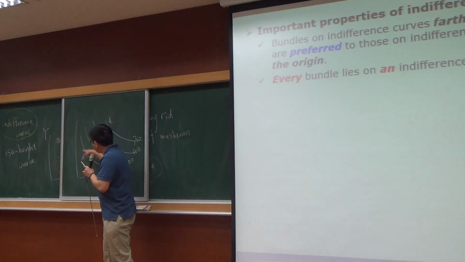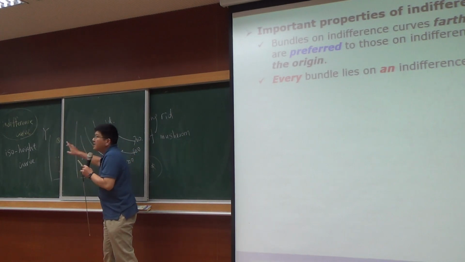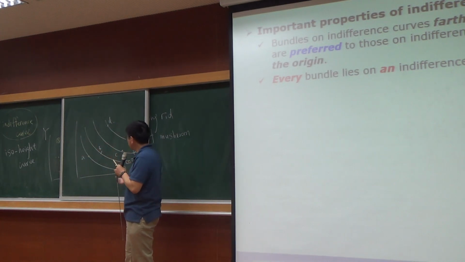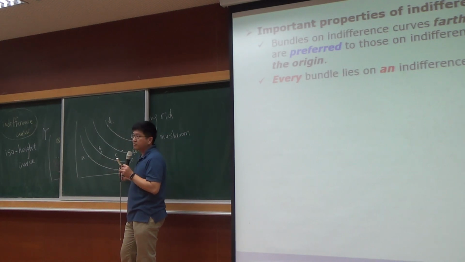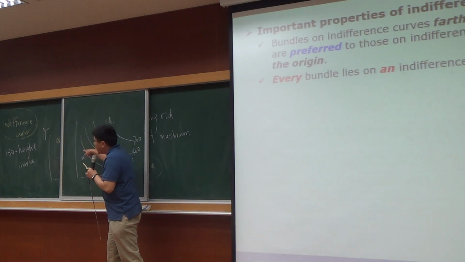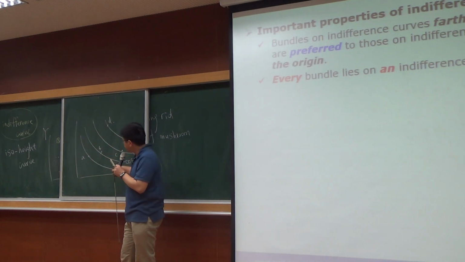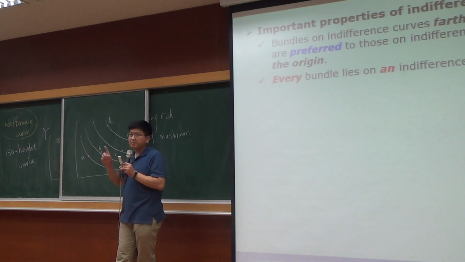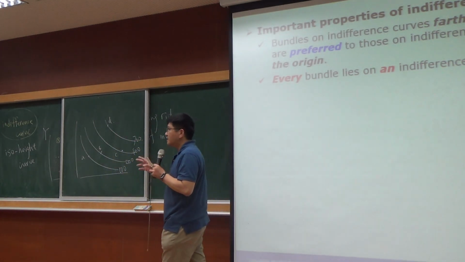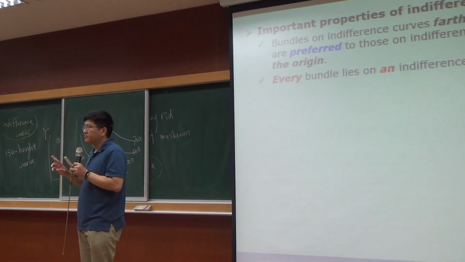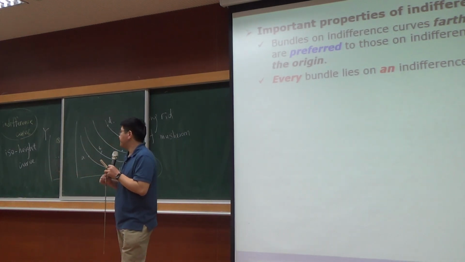So every point that gives us 100 level of happiness will be located on this indifference curve. So it must be one indifference curve, and cannot be two indifference curves at the same time. Okay?